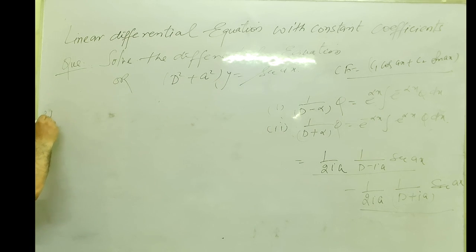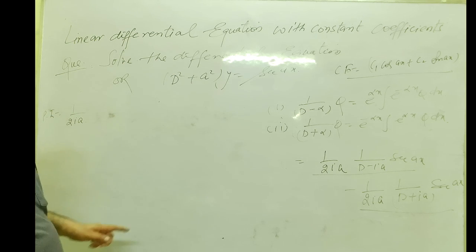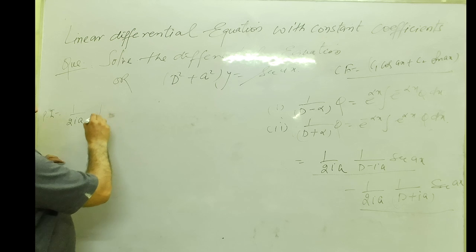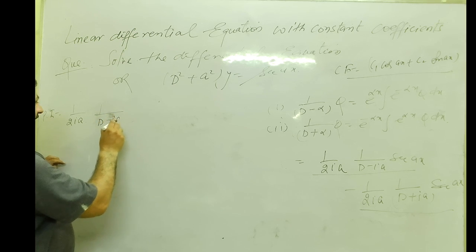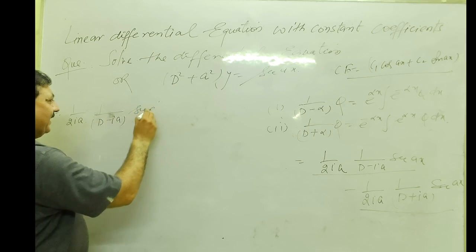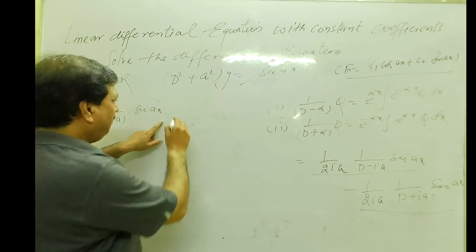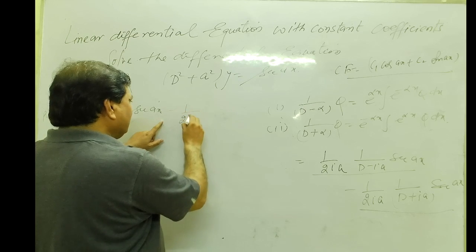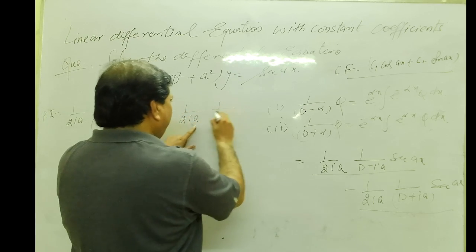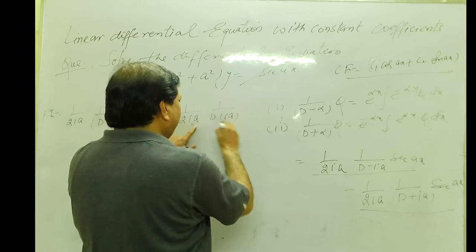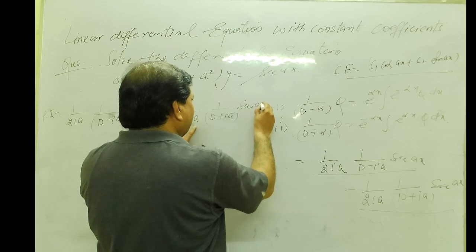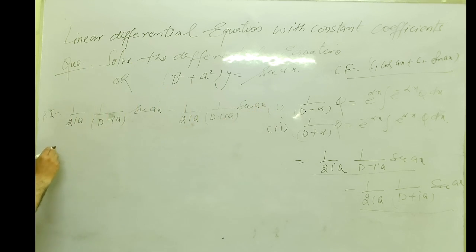That means here the particular integral. Apply this formula: 1 upon 2ia, 1 upon D minus ia sec ax, minus 1 upon 2ia, 1 upon D plus ia sec ax. Take common 1 upon 2ia.